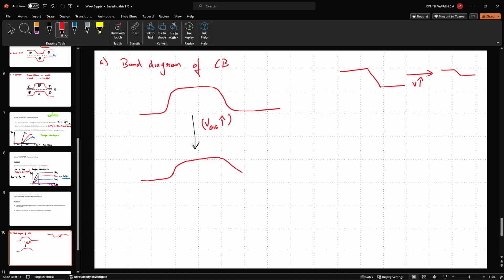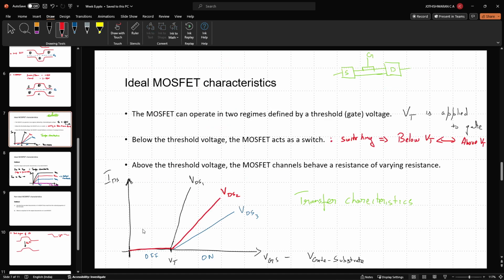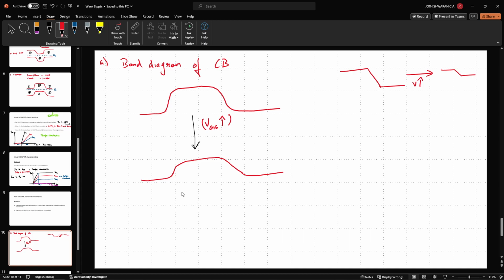And this kind of makes sense because as I am increasing VGS, current flow is increasing. If current flow is increasing, then the barrier that is presented to my electron while moving from source to drain should also come down. So this we can tell intuitively. Like if the barrier is smaller, then more electrons will make it over the barrier. Okay. So that is the reasoning here.